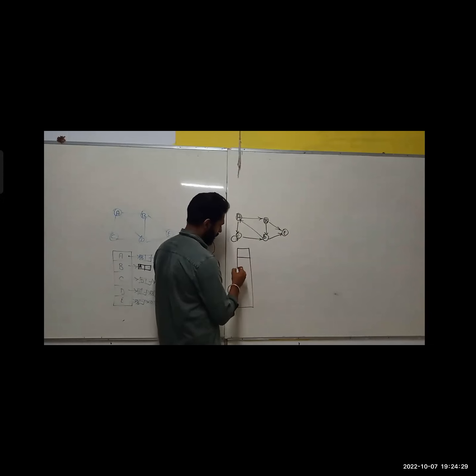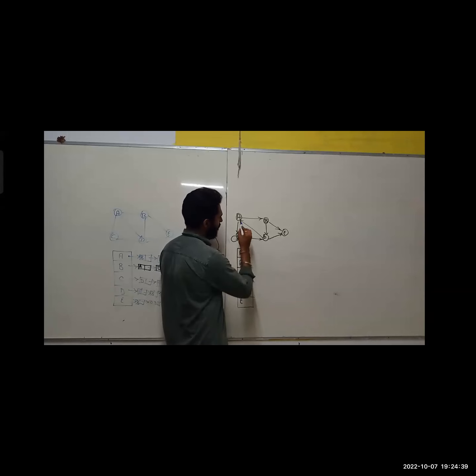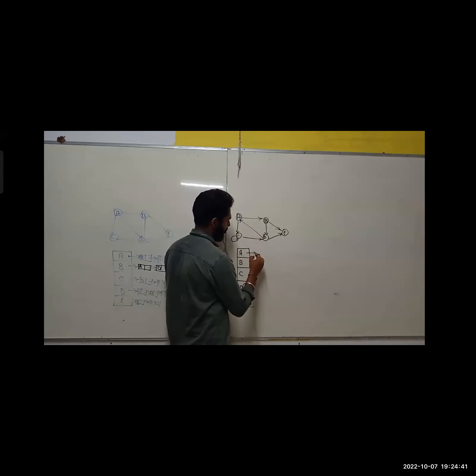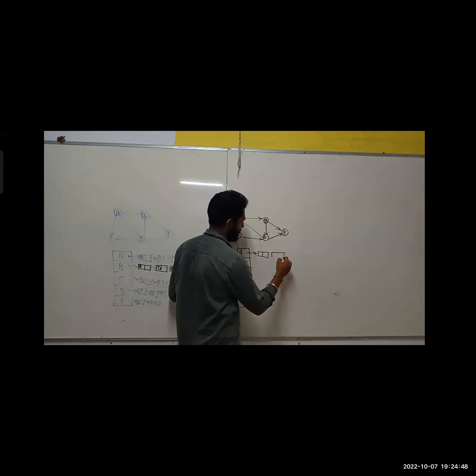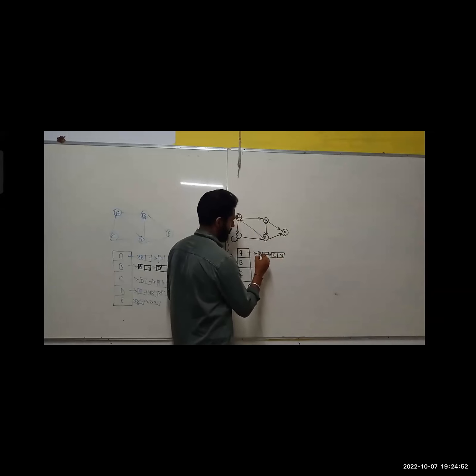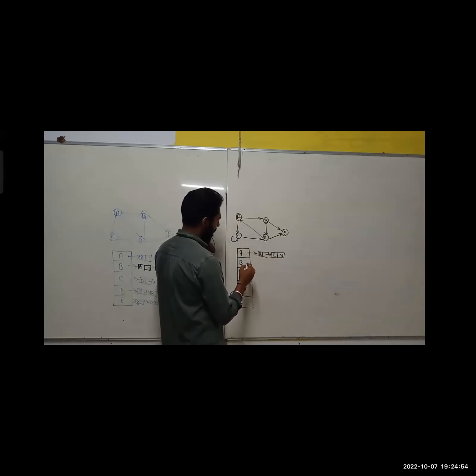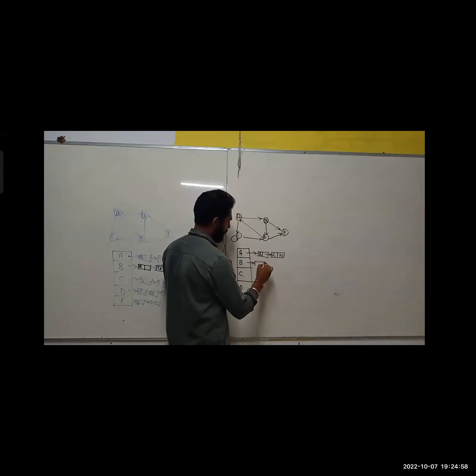Definitely, just like the previous example, from A it is going to B as well as C. From B, D and E. Only outgoing nodes you will write in this.